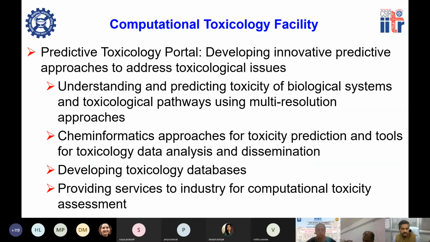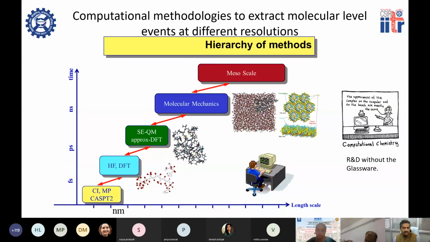This is one slide I'd like to highlight: how computational methodologies can extract molecular level information and how it can be utilized in our various biological and chemical applications. The core domain is quantum mechanics methods, based on the principles of the Schrodinger equation.